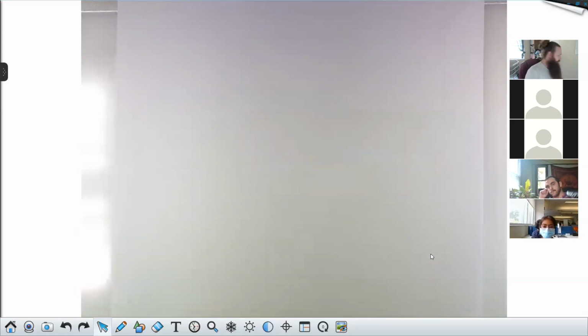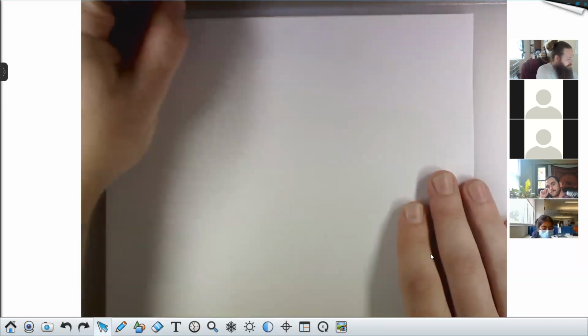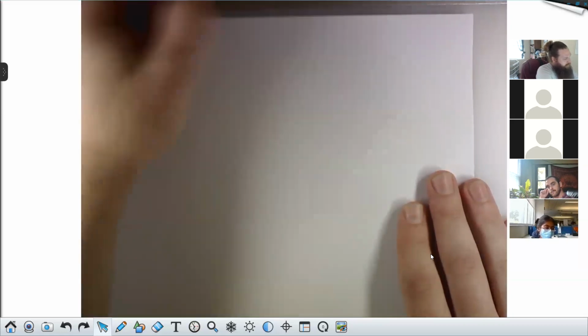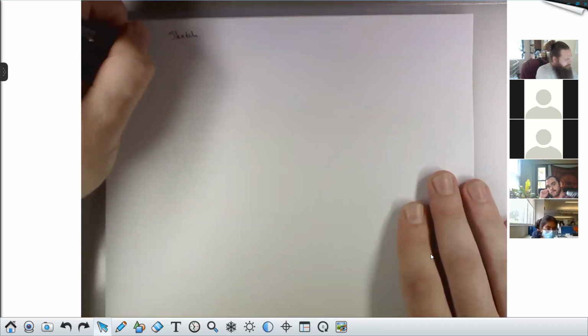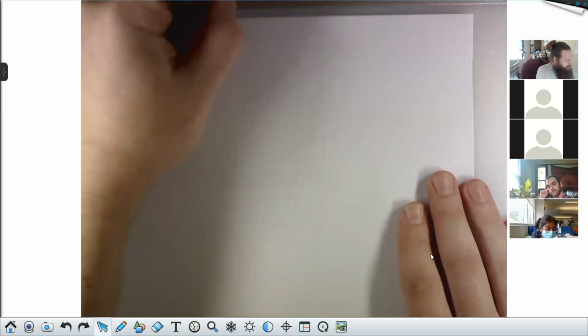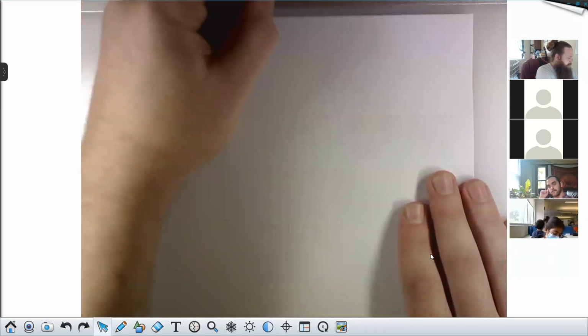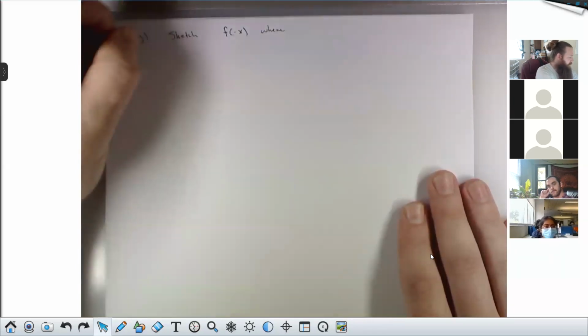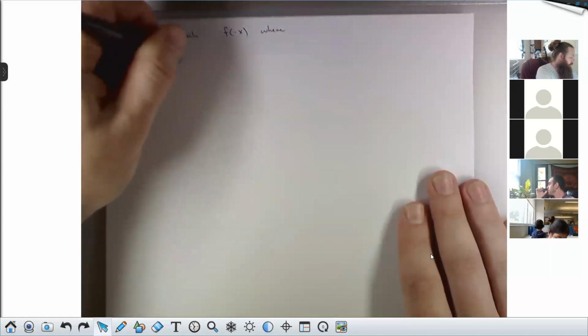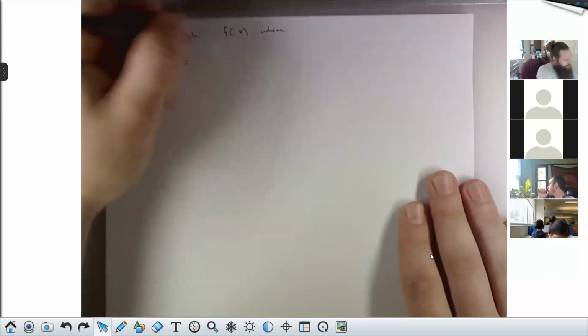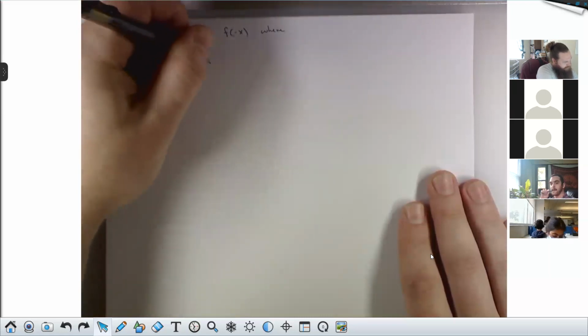All right, let's look at specific examples. So first, let's just look at a few reflected graphs. Sketch f of negative x, where A, f of x is square root of x.